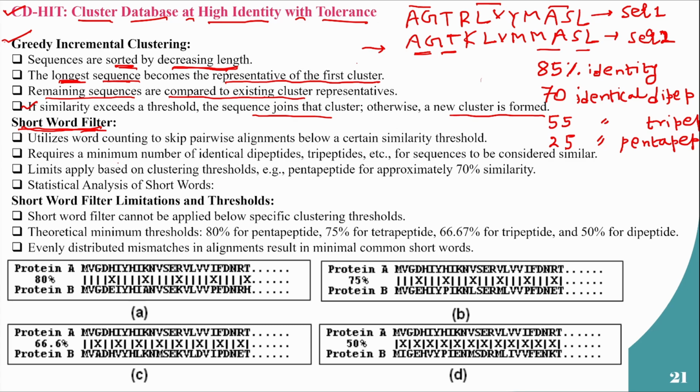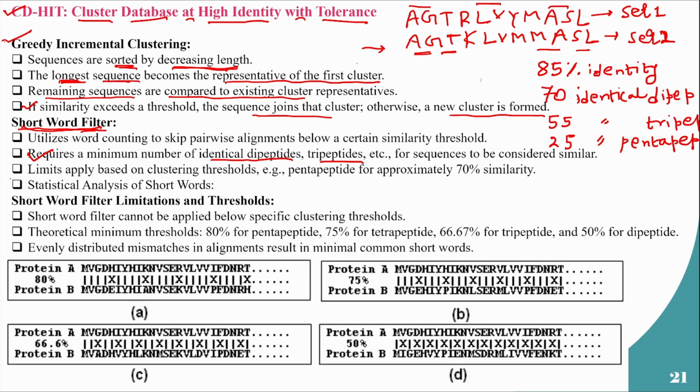So based on this property of identical sequences to have stretches of matching characters present in both of them, let's say you are providing a threshold based on that. Using those thresholds, it will find identical dipeptides, tripeptides, etc. for those sequences to be considered similar.